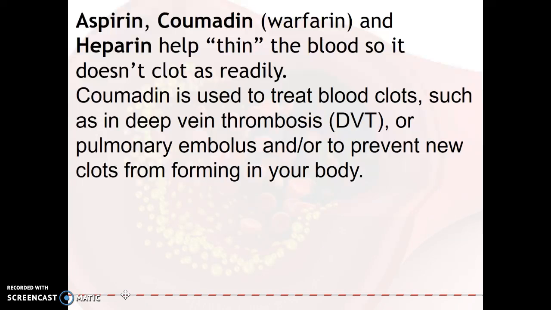If the red blood cells clot and stick together, then they can go to the lungs, causing a pulmonary embolus. An embolism is a clot which travels. So Coumadin is used to break those clots up and prevent new clots from forming in your body. Some older folks, chances of throwing clots because of maybe atrial fibrillation, they're on Coumadin.